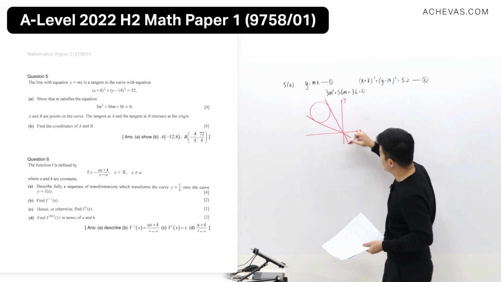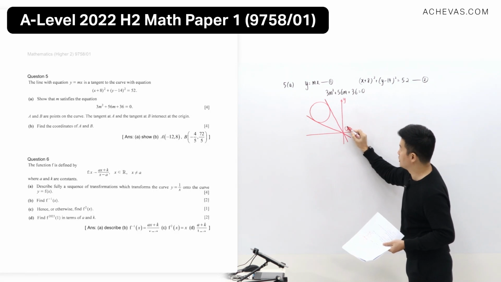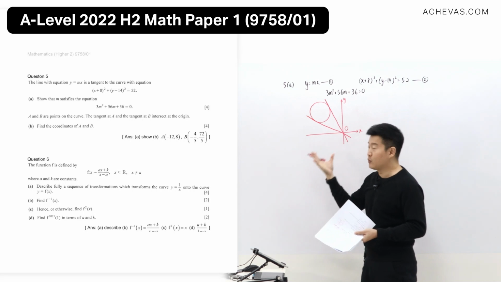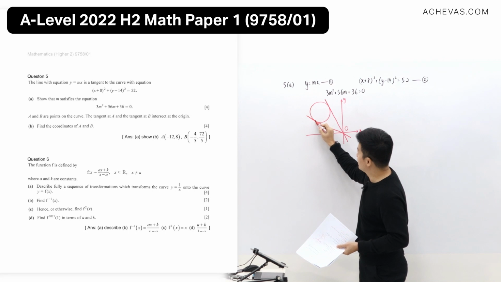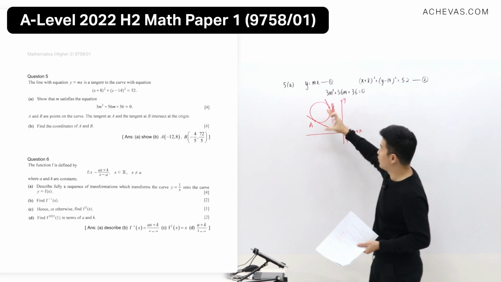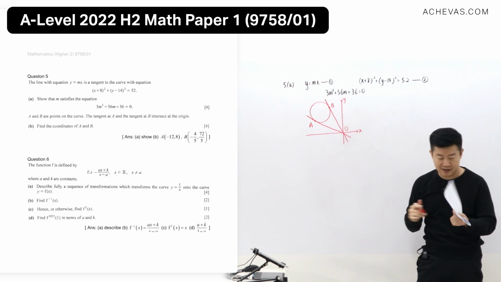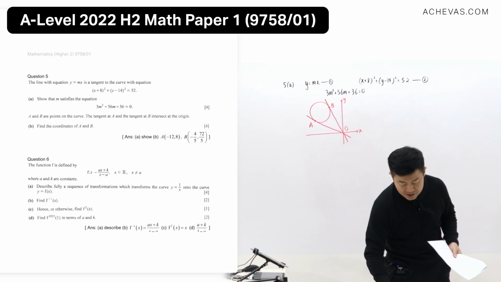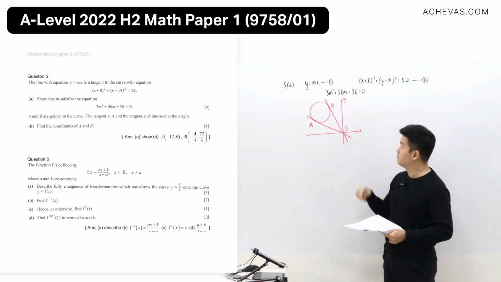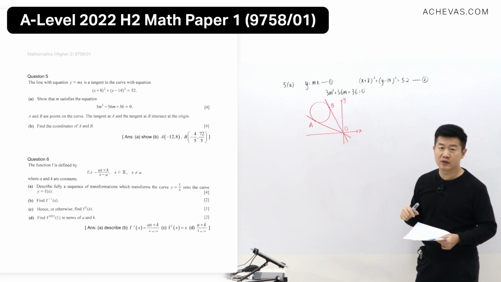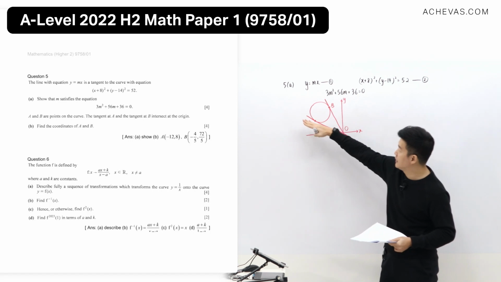And it's supposed to intersect at the origin. So that is why, according to what the question says, there will be this point A and point B, or I can also swap this. I don't think it really matters. So if it is a scenario that is like this, then what we can try to do is to find the equation of this tangent.